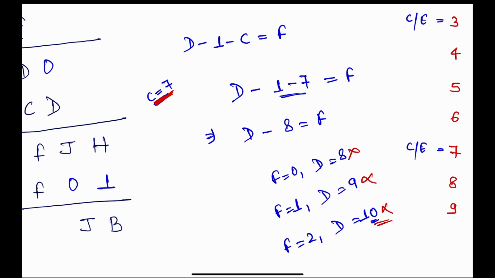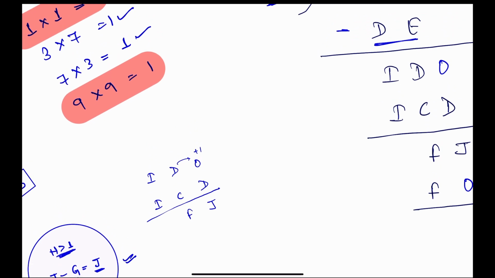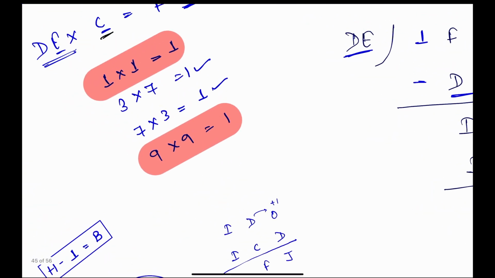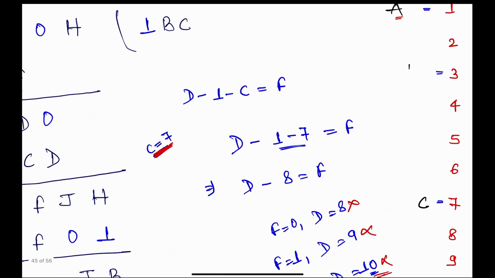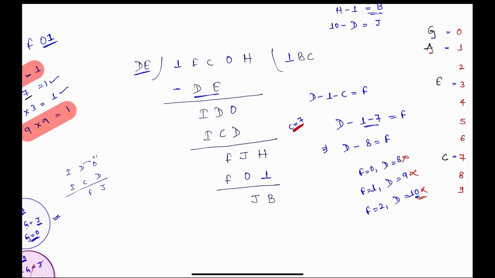So I can easily say that if our C is 7, then E will be 3. Easy peasy. Okay, now we got the value of a lot of things. Let's just replace now one by one, and then it's easy to solve.